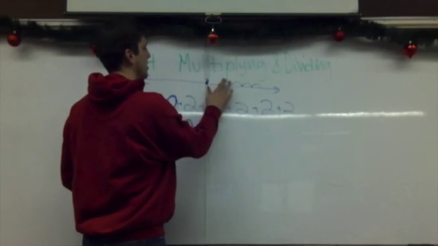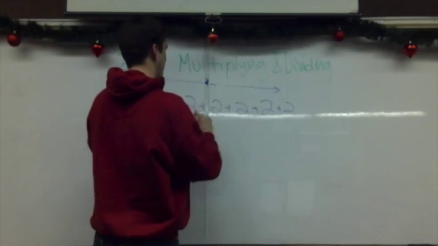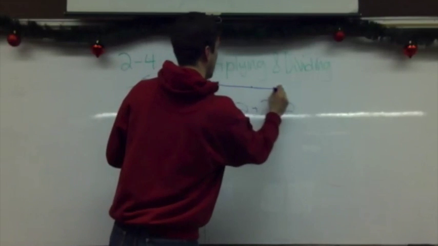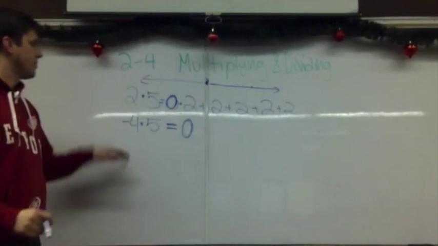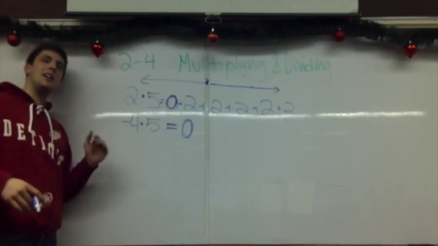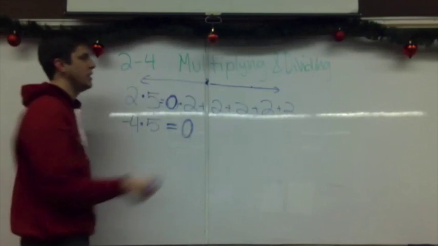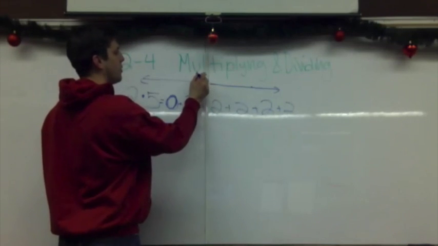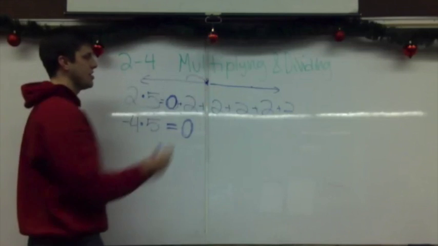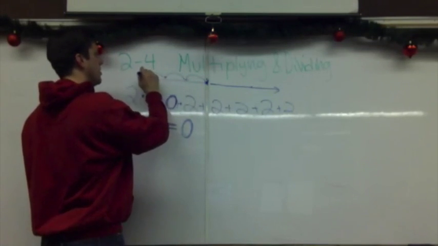I'm going to erase these. So we start from 0. And in this case, we are going negative 4, or we're going to go backwards 4, 5 times. Our starting point is 0. And so backwards 4, 5 times, that's 1 time, 2 times, 3 times. You get the idea.